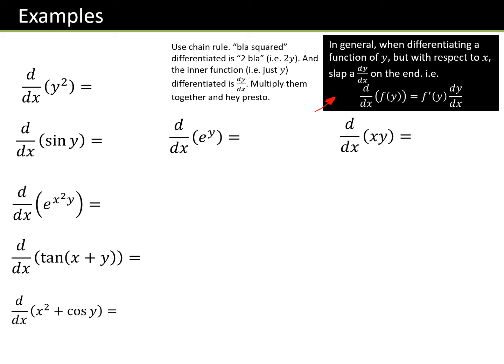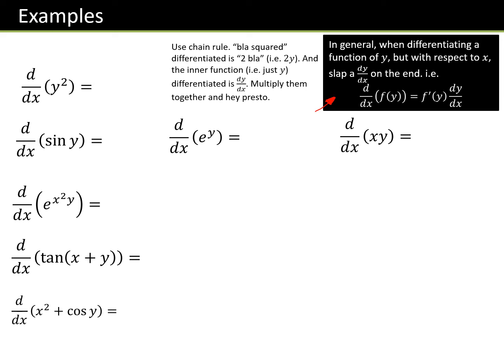Now you might understand that, you might not. It's easiest with examples, and that's why I've got loads of them.